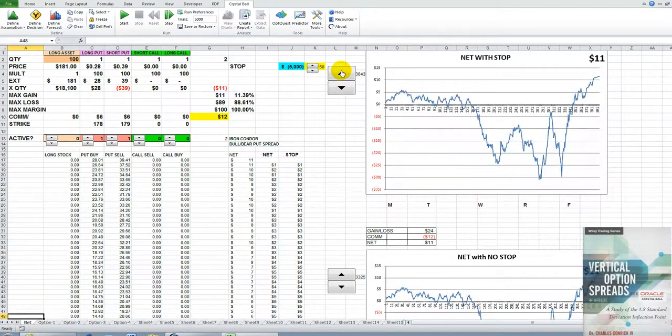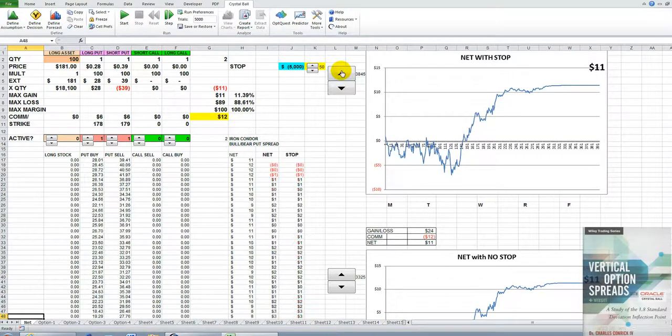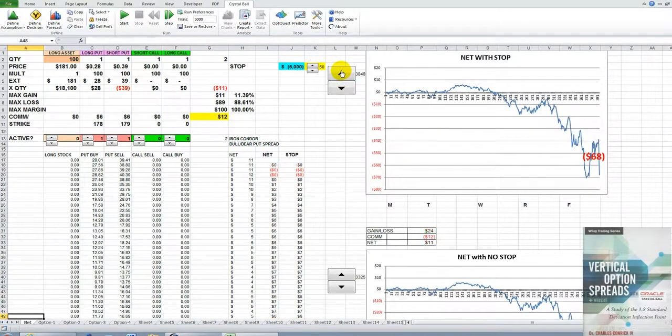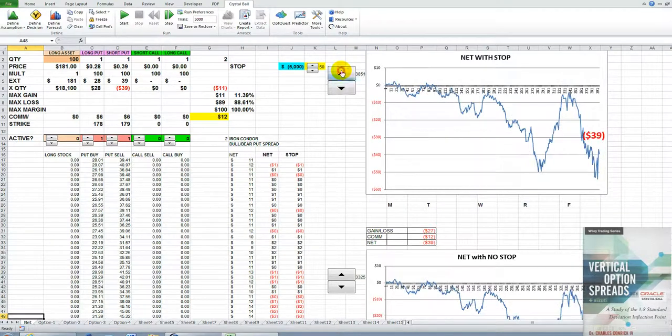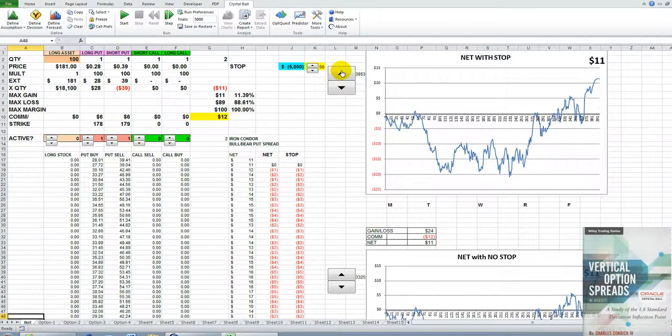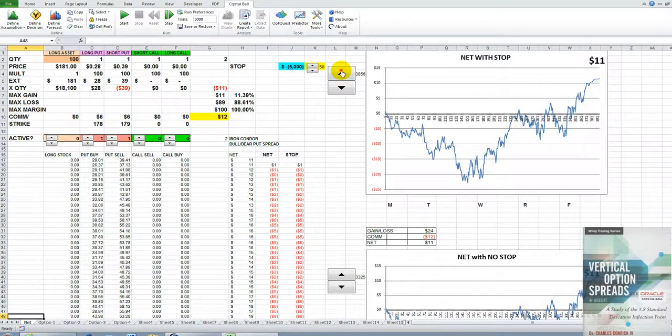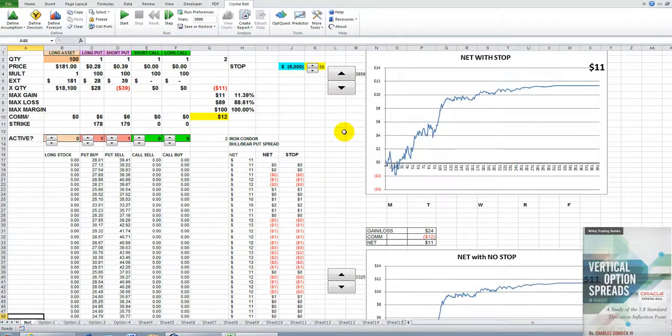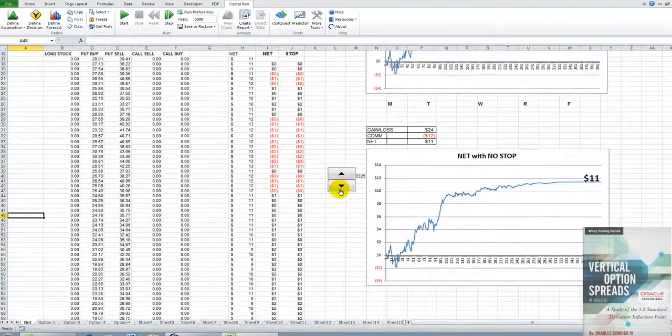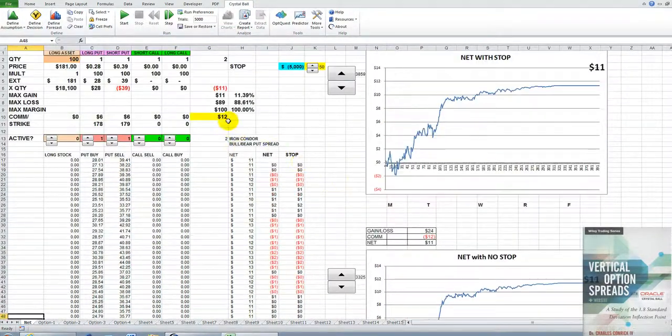Oh, there was a loss, but I want to see what the maximum loss is. Not there. Well, you can see right away just by looking at this, this is a higher probability trade, quite intuitively. There's no numbers to this, but it looks like it's going to win much of the time. Nevertheless, the maximum loss will be the 11 taken away from 100, so it'll be $89.